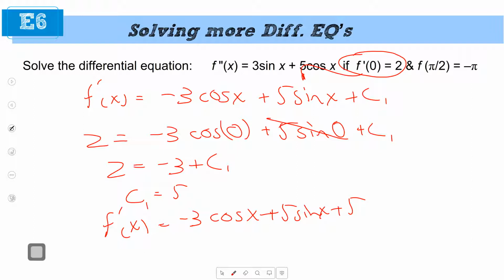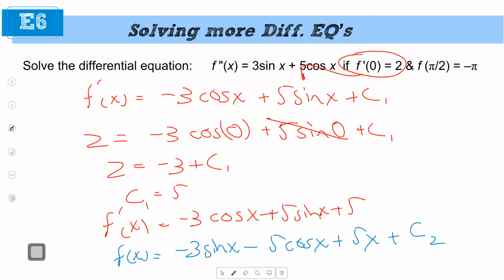F of x would be equal to negative 3 sine of x minus 5 cosine of x plus 5x plus c sub 2. What do I plug in now? Pi over 2.